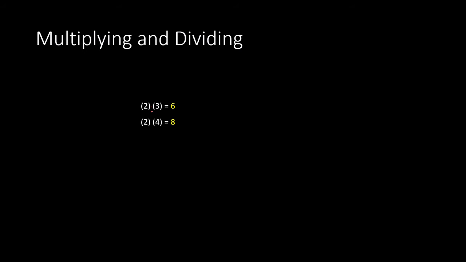It may have a little dot in the center, or it may have the X, but you're also going to see it represented like this with parentheses. So I have 2 times 3 is equal to 6, and then I have 2 times 4 is equal to 8. Now, let us learn something new.